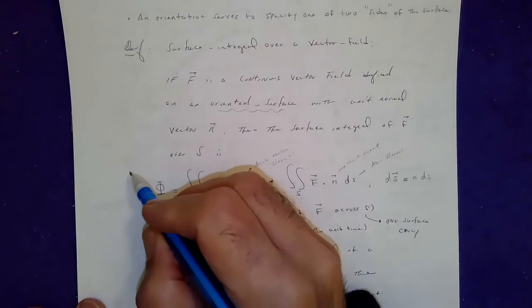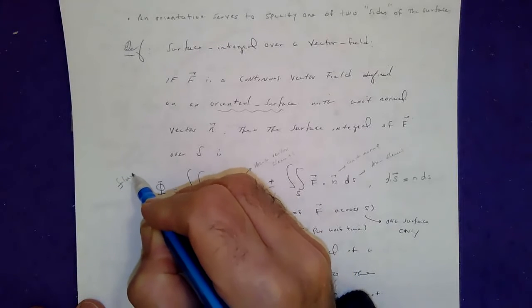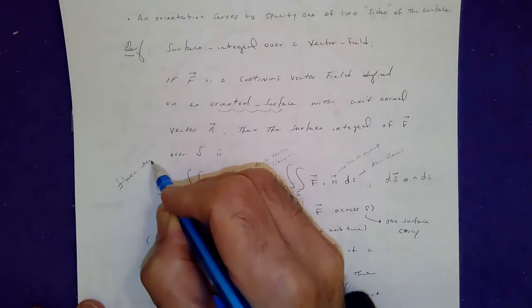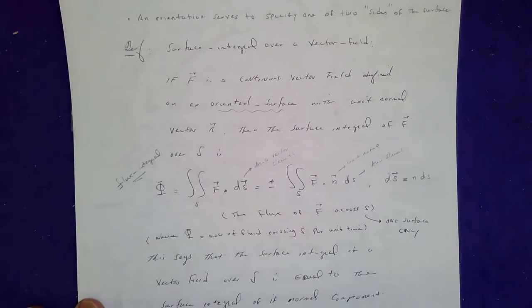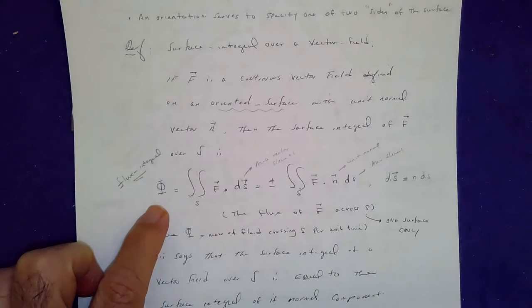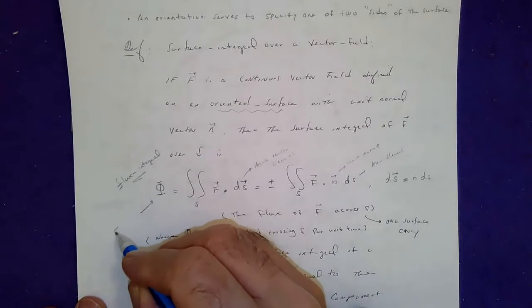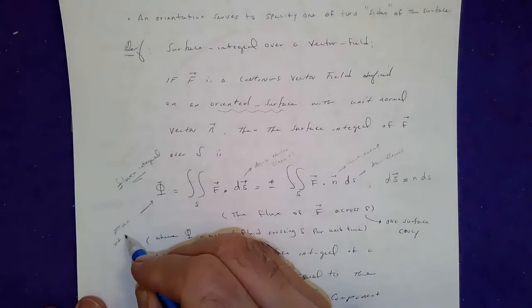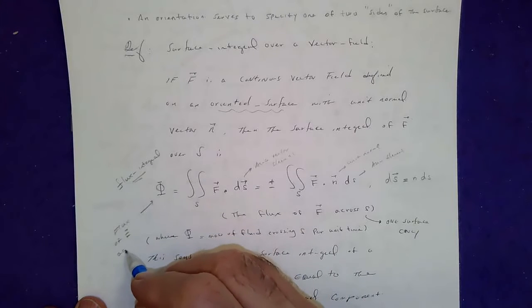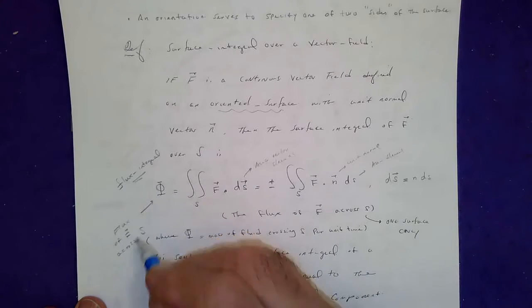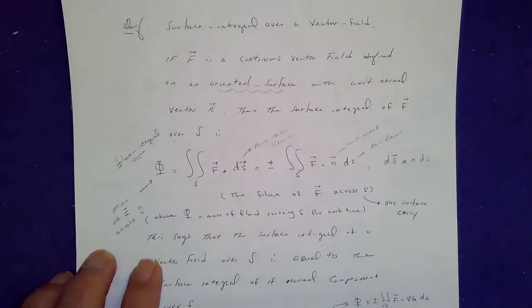And usually, because this is also known as a flux integral, because it shows up in application problems, they denote the flux by the letter phi, correct? So this is the flux of F across the surface S.